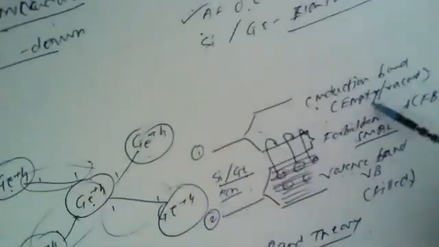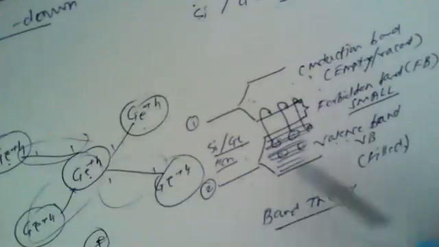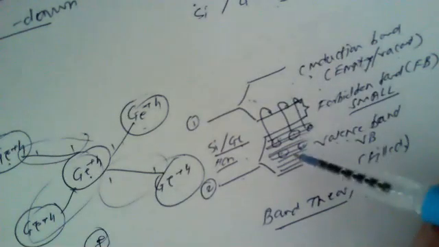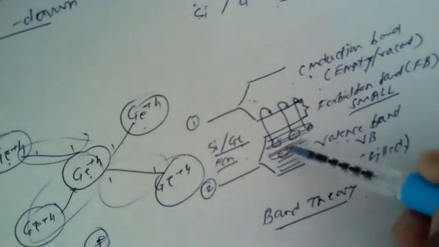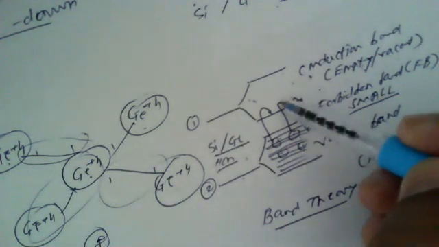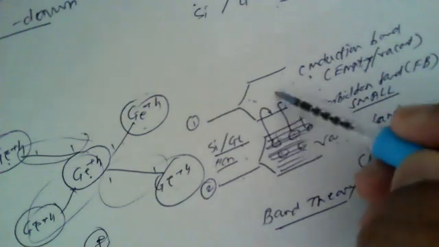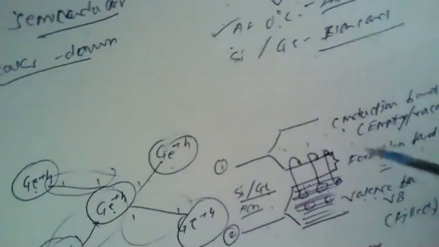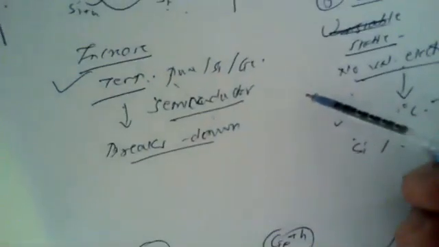The conduction band is empty or vacant, and the valence band is completely filled with electrons. So at increased temperatures, the electrons can easily move from the filled valence band to the empty conduction band, and in doing so, they carry the current. So this is how the current conduction is carried out in pure silicon or germanium crystal.